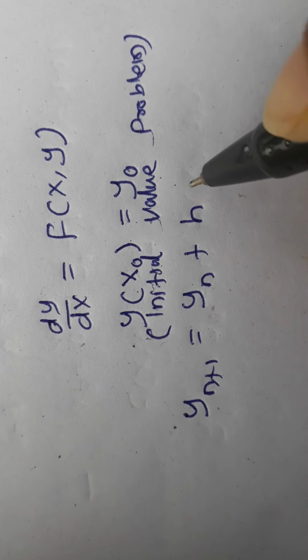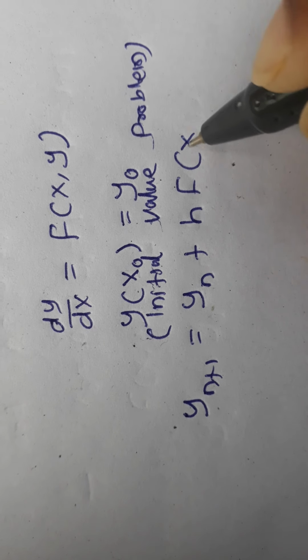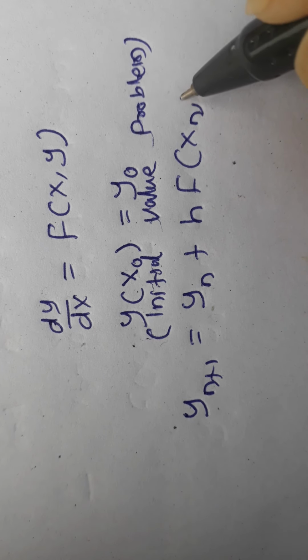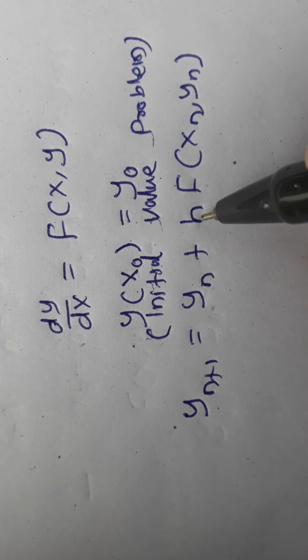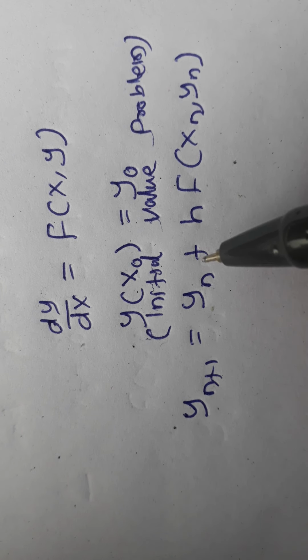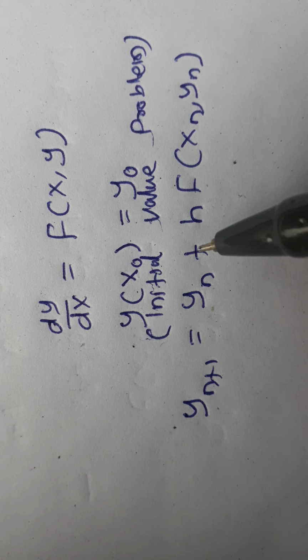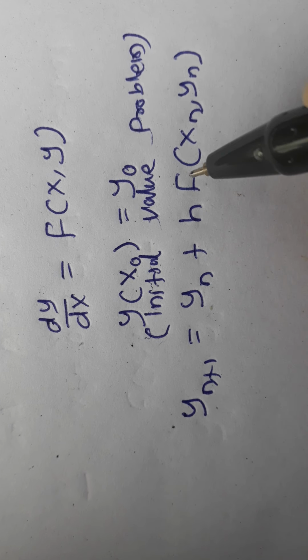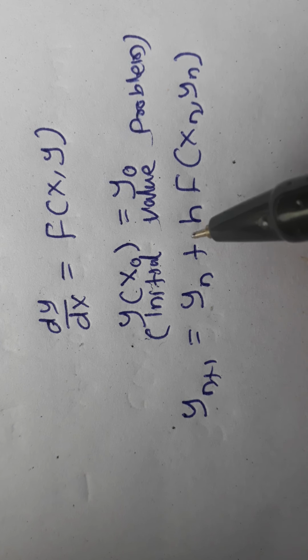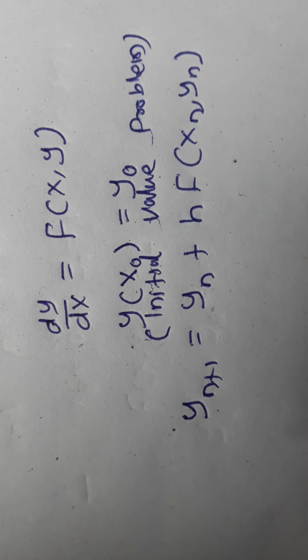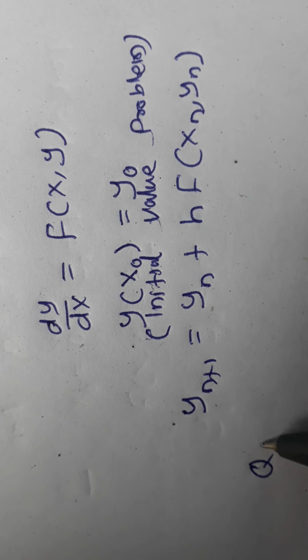I will say what h is: h is the space between two x values, the space between x0, x1, x1, x2, x2, x3. h is the equal spacing between two x. Okay, let us directly start with a problem by using this.